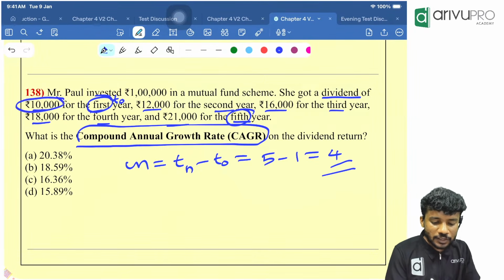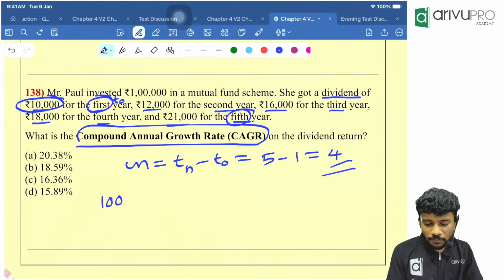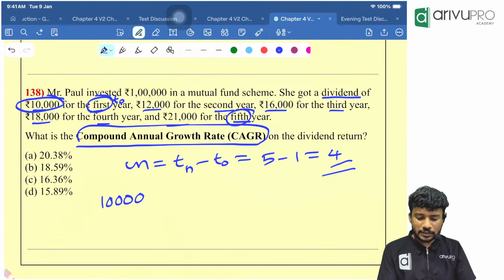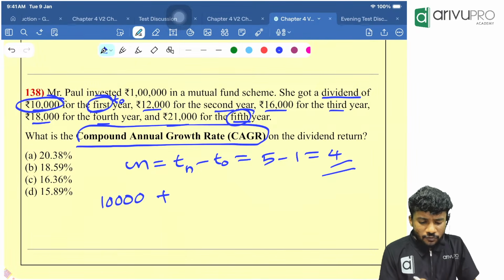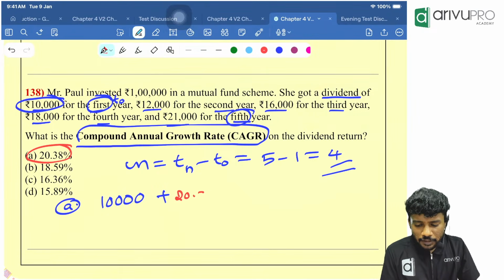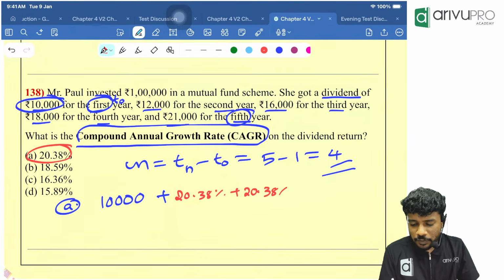What is the value in the first year? 10,000. Type that 10,000 on your calculator, then plus. Try option A: plus 20.38 percentage, plus 20.38 percentage, plus 20.38 percentage, plus 20.38 percentage. How much are you getting?